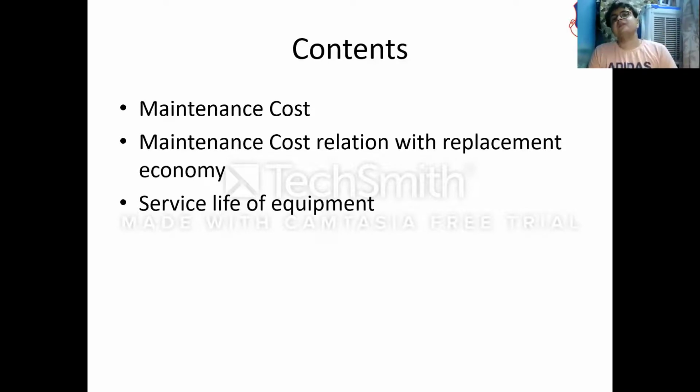That will be the service life of the equipment. Means during that period there will be no damage, or little damage, but it will work 100% efficiently, and we will get 100% productivity during the service life. So that service life we will be discussing in this session. So let's proceed.